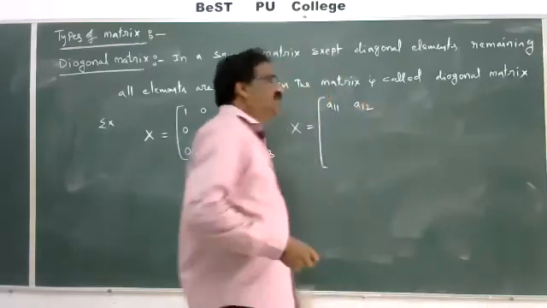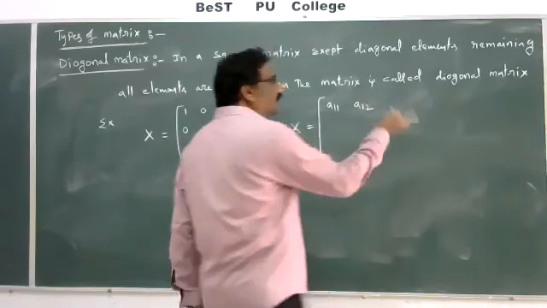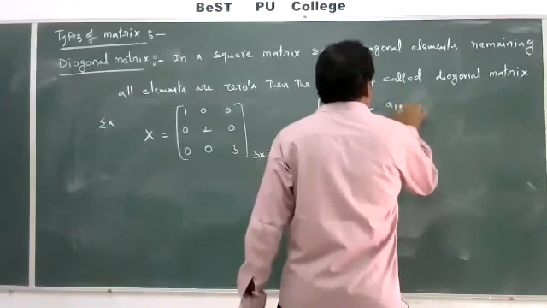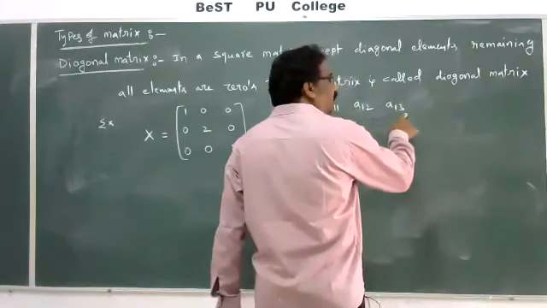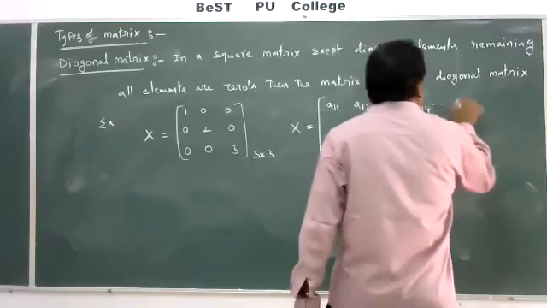A12, what is the meaning of this? A is the element in the first row and second column. A13, first row, third column. A14, first row, fourth column, and so on.